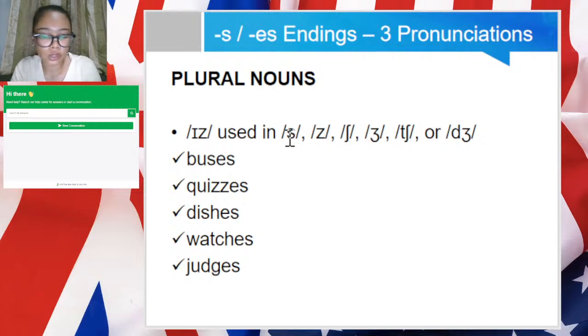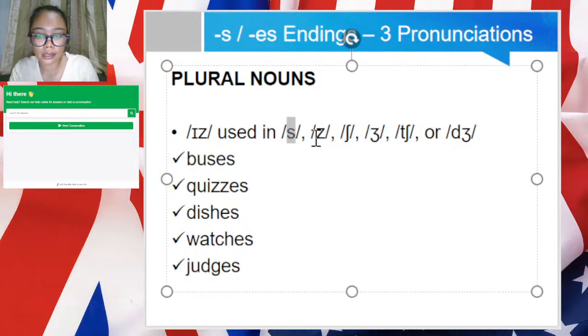Let me highlight it just so you can follow after me. We have s, z, again z, and then this one. This is not a hissing sound, but it's still considered a sound that should be paired with an "iz" sound at the end. Again, this is not totally a hissing sound because you pronounce it as sh.